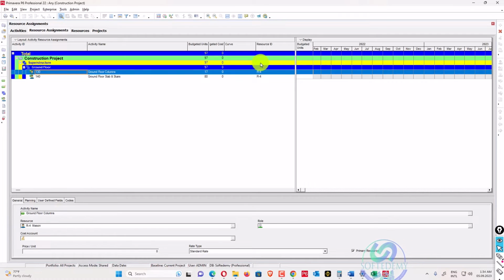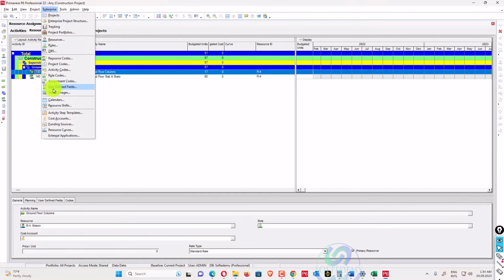Also you can assign a quantity column: by assigning user defined fields, two columns, one for quantity and one for productivity rate. By using global change in resource assignment, you can calculate on the basis of budget units, and convert that into your real resource budget units. So it can be done, but there will be a big mess. I don't recommend doing that.